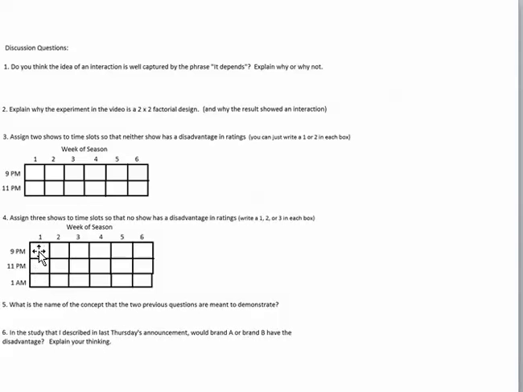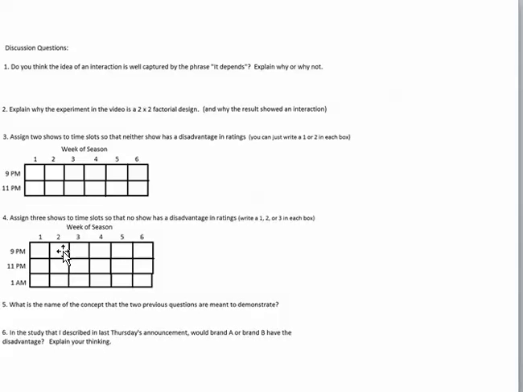If you put a 1 here, a 2 here, and a 3 here, it means that show 1 is at 9 p.m., show 2 is at 11 p.m., show 3 is at 1 a.m. When you go to week 2, you need to do the same thing. Put a 1 in one box, a 2 in another box, and a 3 in another box. And you could change the order. For example, during week 2, you could put 3, 1, and then a 2, meaning the third show is at 9 p.m., the first show at 11 p.m., and the second show at 1 a.m.